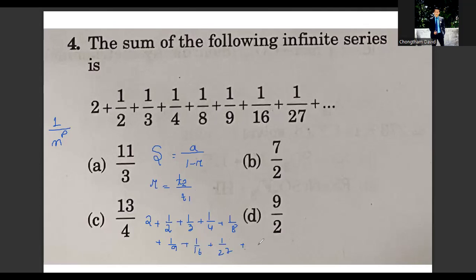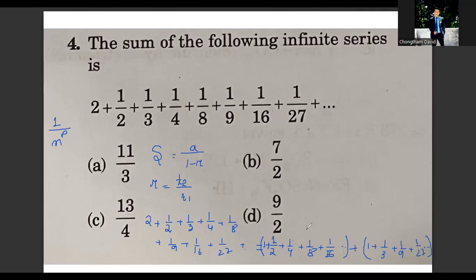Now let us group them: 1 plus 1 by 2 plus 1 by 4, 1 by 8, 1 by 16, and so on, and 1 plus 1 by 3, 1 by 9, 1 by 27, and so on.